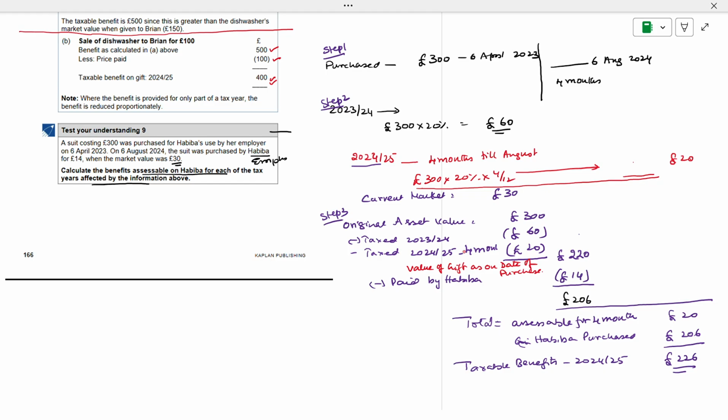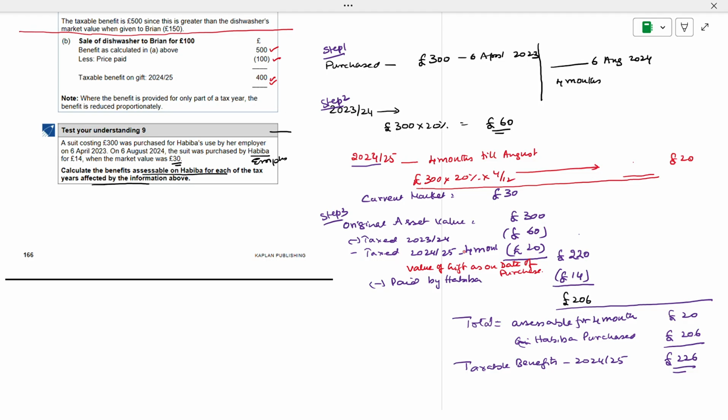What we are doing here is we want to know the value of the gift as on the date of purchase. The initial value is 300. Last year they taxed for 60. This year they have taxed for 20 for 4 months. After taxation, 300 minus it comes to 220.